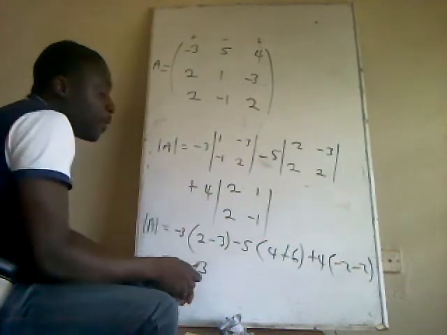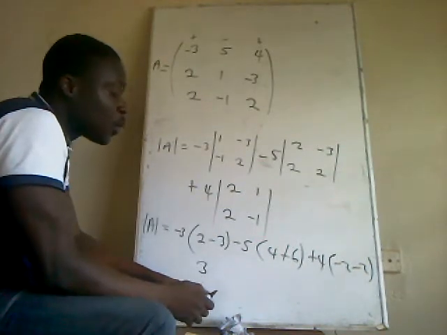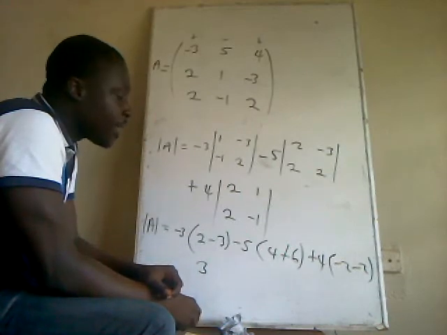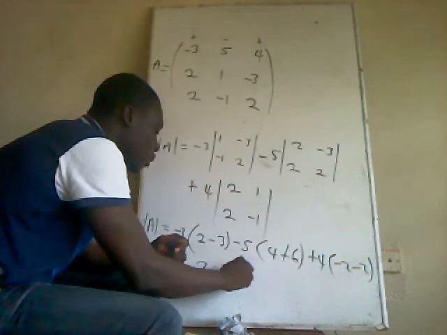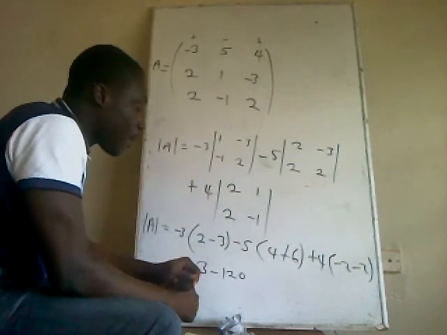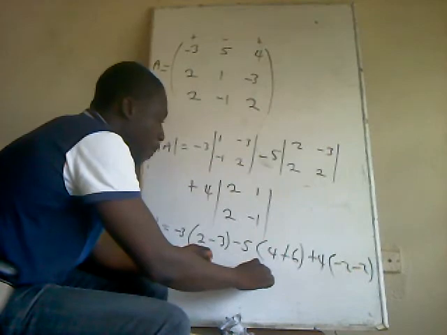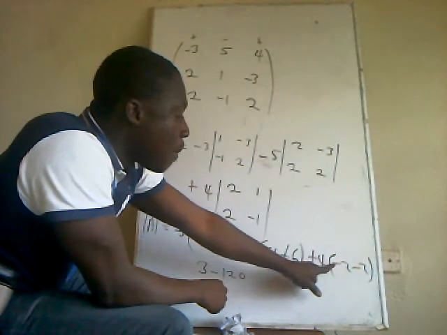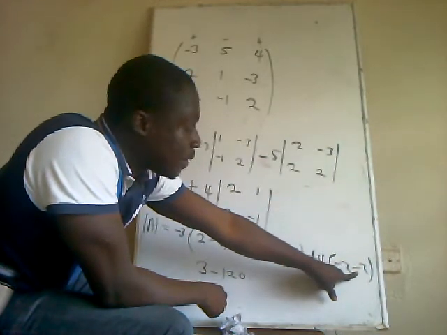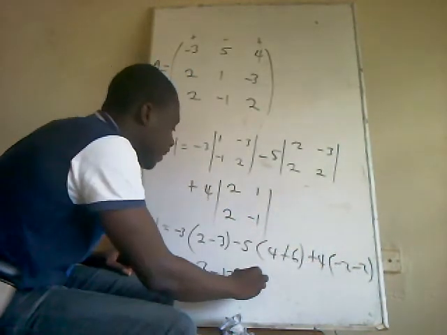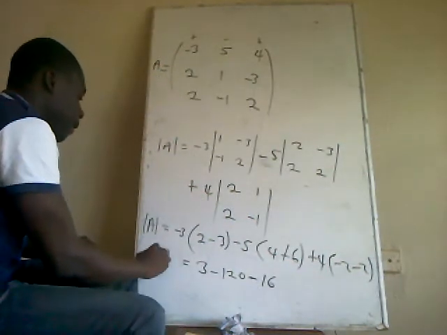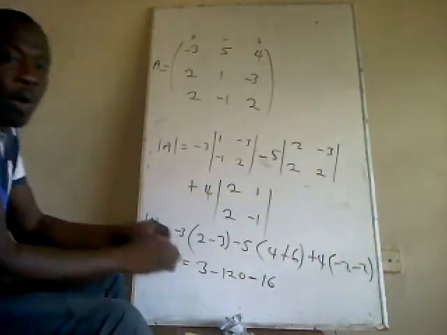This and this, 4 times 6 is 24. 24 times 5, I think it's 120. So I have here minus 120. Minus 2 minus 2 is minus 4. Minus 4 times 4 is minus 16. If there's any correction, you can correct it.